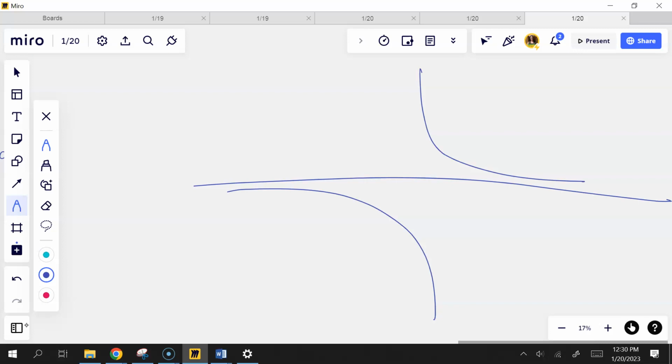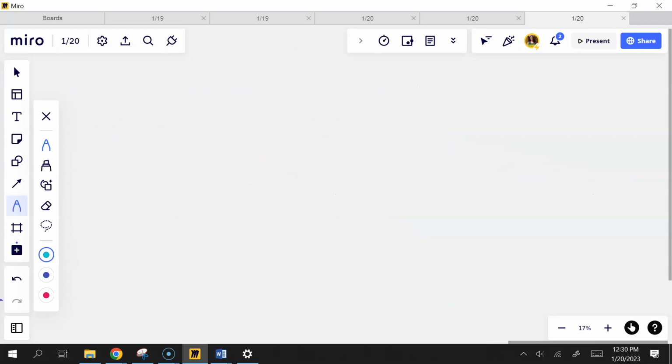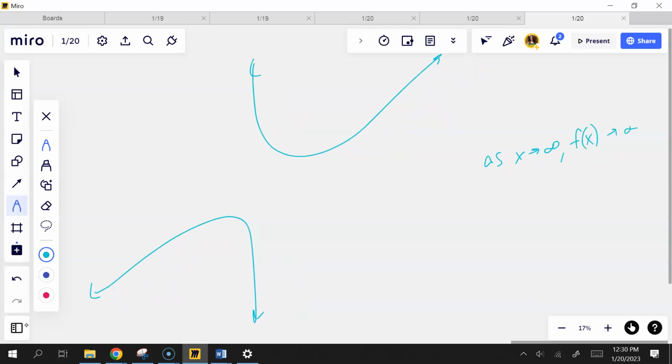Oh, 16, yeah. 16 is, as x goes, so you got something like this, right? And then something like this. As x goes to positive infinity, f of x goes up. And as x goes to negative infinity, f of x goes down.